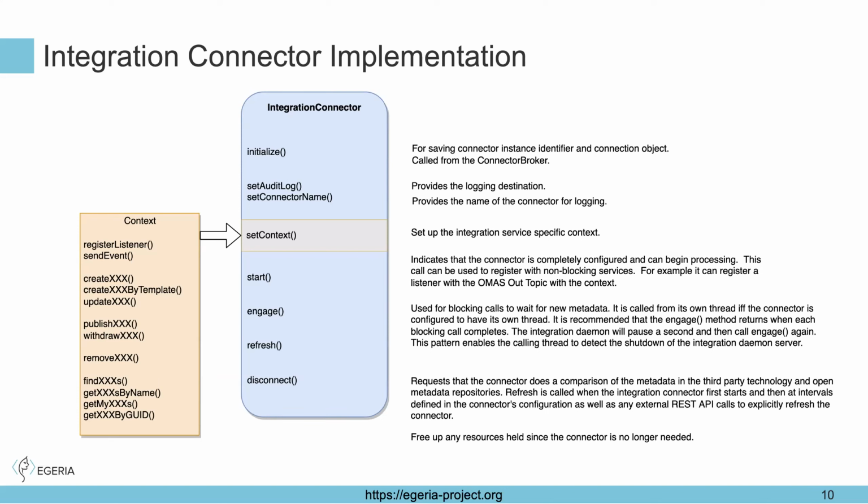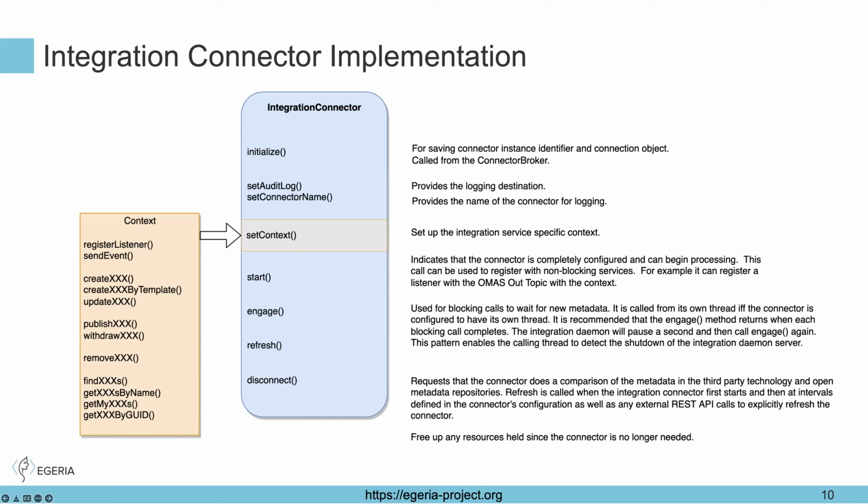Because of that, one of the configuration mechanisms is to say that this connector is going to use blocking calls, and that tells the integration daemon to give that connector its own thread, whereas all the other connectors will basically run on the same thread, and they each get a turn to do something, because in general integration connectors aren't running at millisecond times, they're polled. They might run once a day, once a week, once an hour, that sort of time, and so the integration daemon just manages that capability.